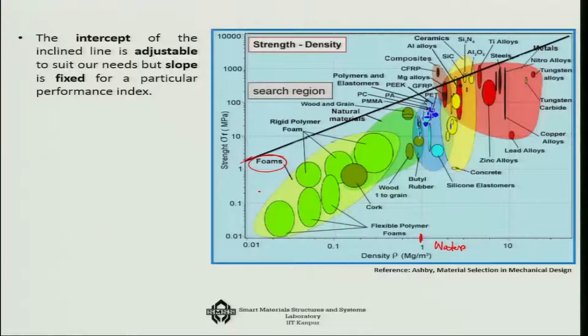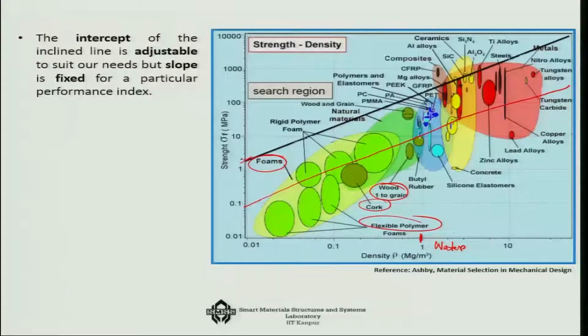So, if I draw any line corresponding to my minimum value of C, if my slope line goes like this, then some of these corks, some of the woods, flexible polymers, they come into picture. Otherwise, they do not come into picture.